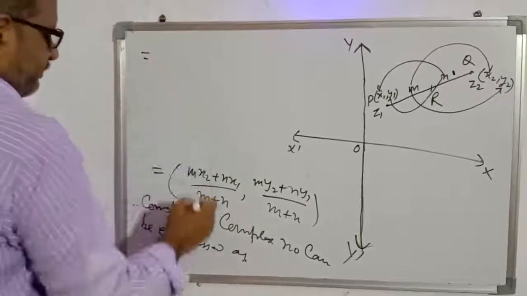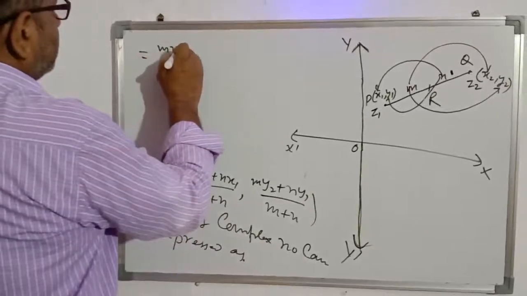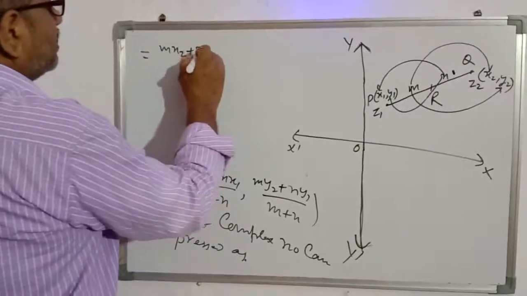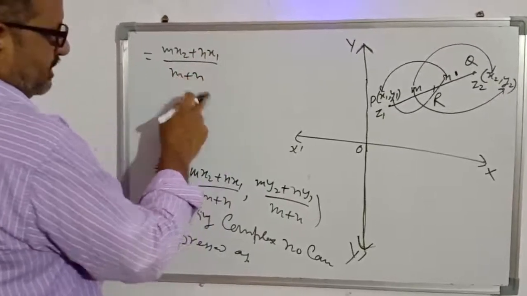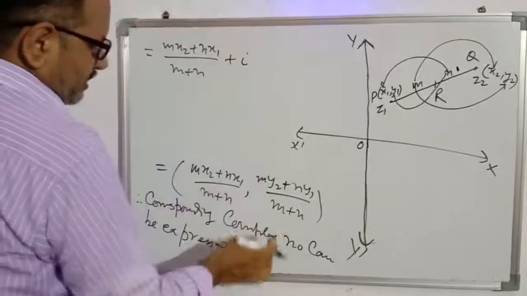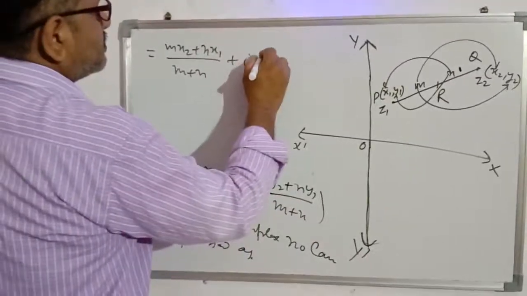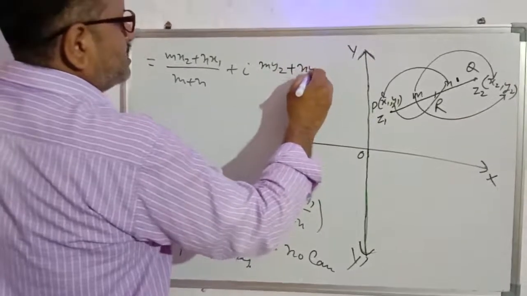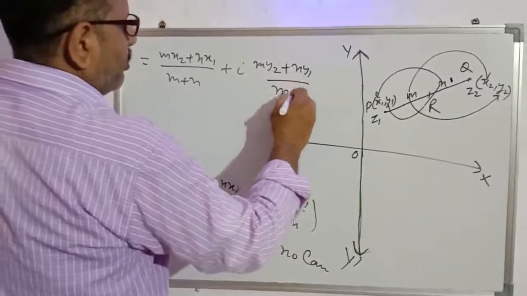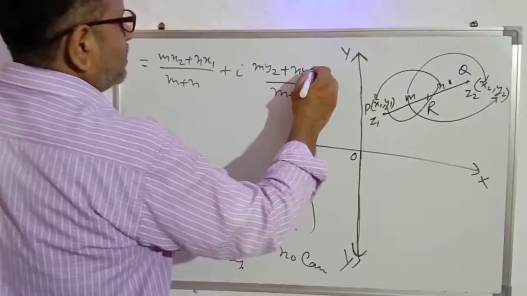So it will be (m x2 plus n x1) upon (m plus n), which is the real part, plus i into (m y2 plus n y1) upon (m plus n).